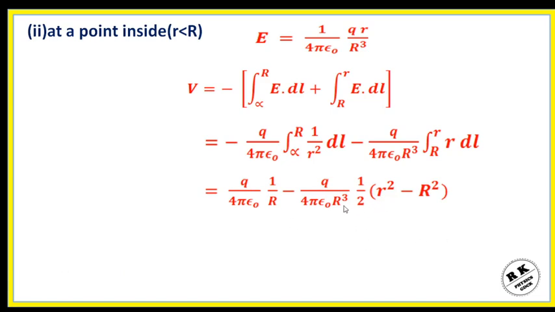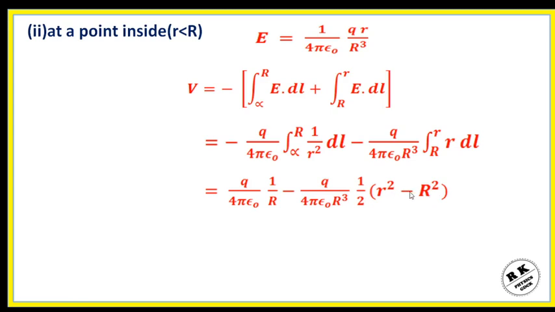Now here if we take q by 4 pi epsilon naught times 1 by r common from these two terms, I am repeating, we are taking this term common from two terms. In the first term we will get only 1, but in the second term we will get 1 by r square. When we multiply that 1 by r square inside this bracket, it becomes small r square by capital R square minus 1.